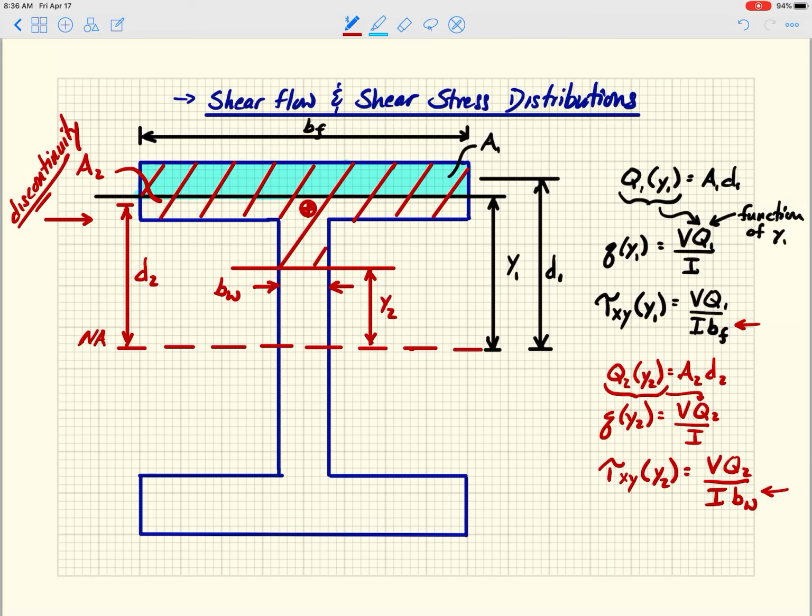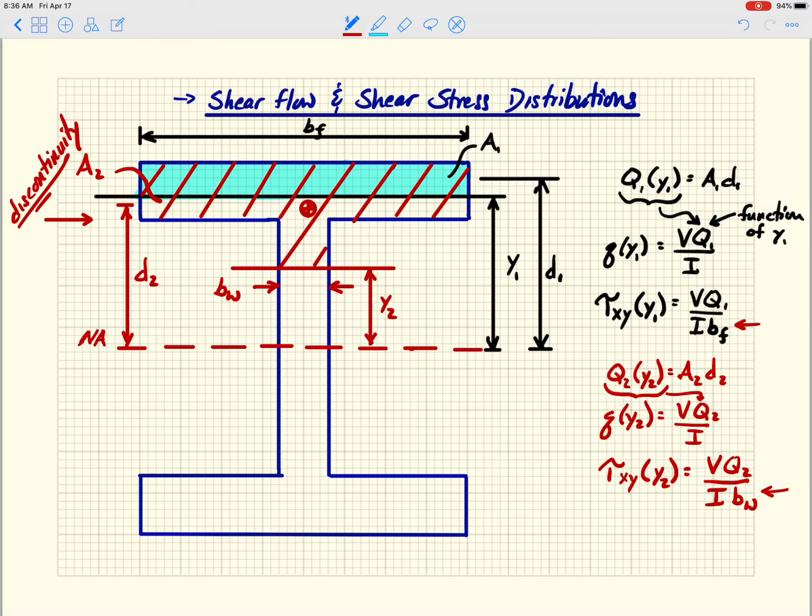Right? Notice that that disconnect does not occur in the shear flow equation, right? Q is actually continuous, right? D is going to change slightly as I start getting into the web, right? And the area is going to change slightly, right? But it's more or less a continuous function, and you can calculate it and plot it.